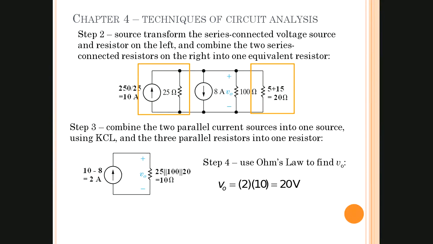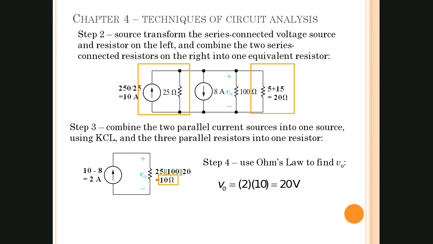Now it says combine the 3 parallel resistors into one resistance. So we have a 25, 100, and the 20, and that gives us a 10 ohm resistance right here. And so now we have a current source and we have a resistor.